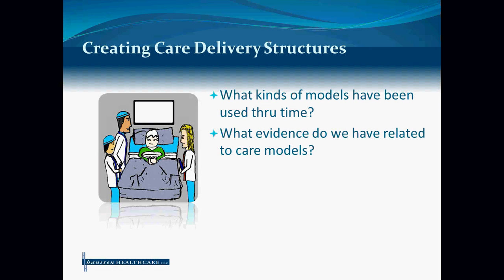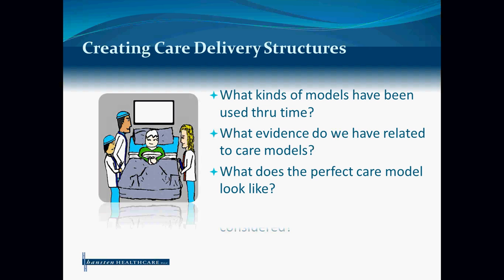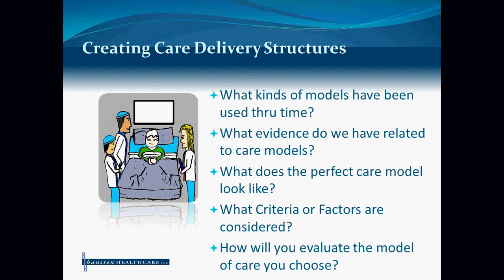We want to really look at some of the evidence around what works well in teamwork and working together effectively. What could a perfect care model look like? How would you measure that? How would you know if we were effective at the work being done? And what criteria or factors are considered? And how will you evaluate, again, what results will you expect if we're doing the care appropriately?